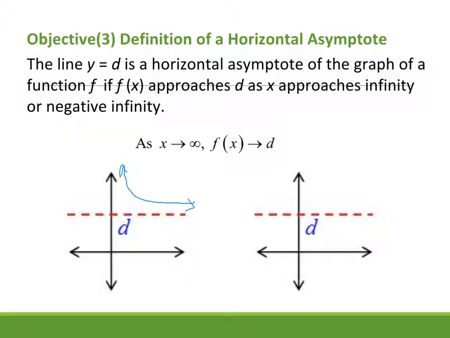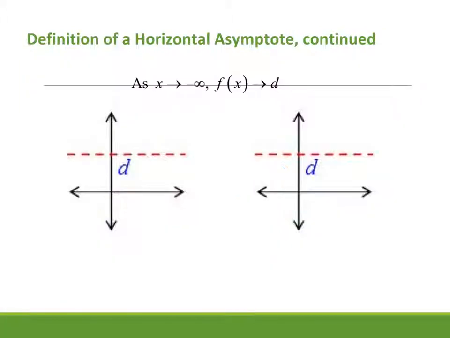In either direction, we can have something that goes like this, or something that goes like this. We can also have something going to negative infinity, which we have already shown. So we can have situations going in this direction.